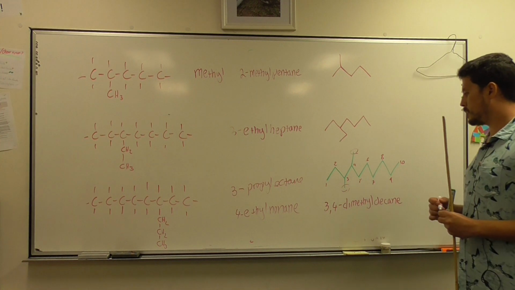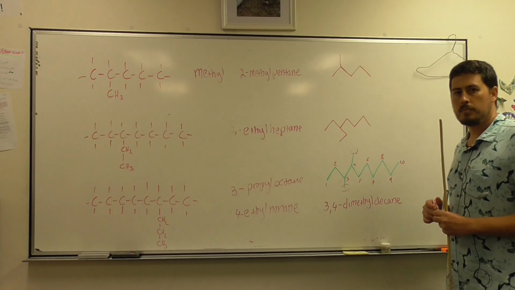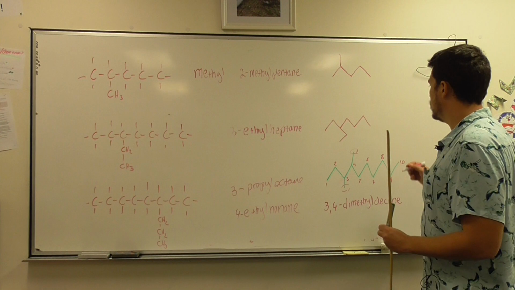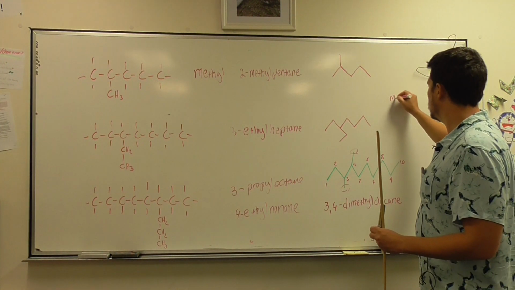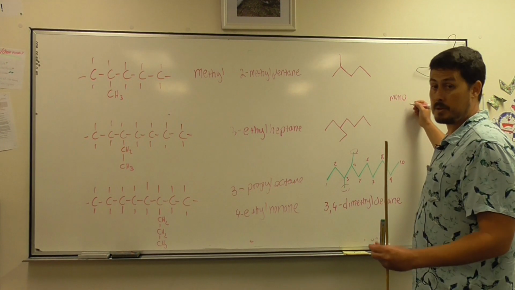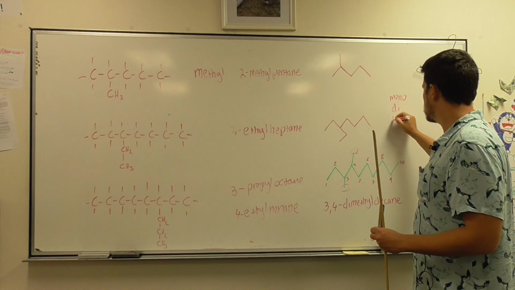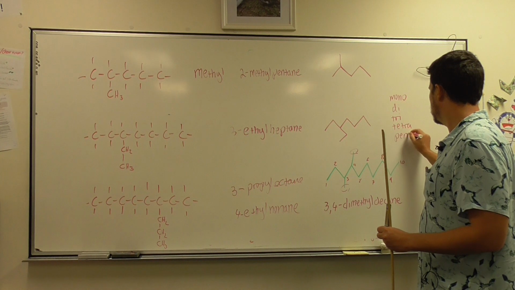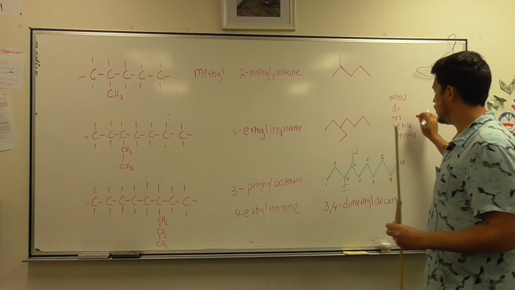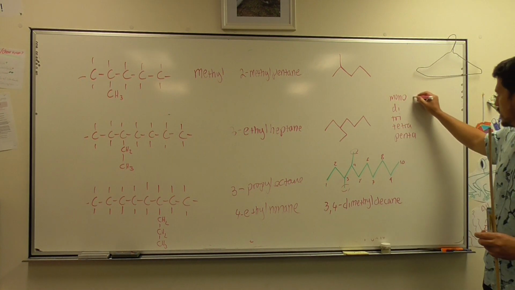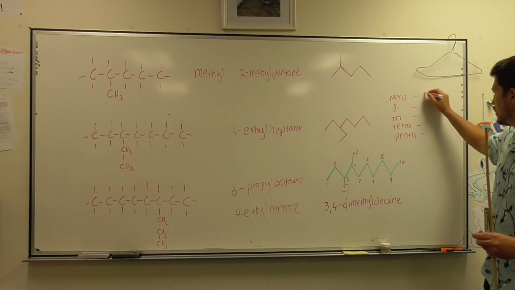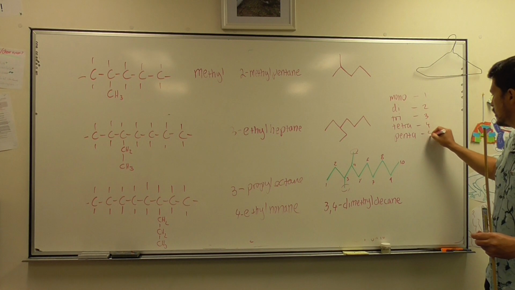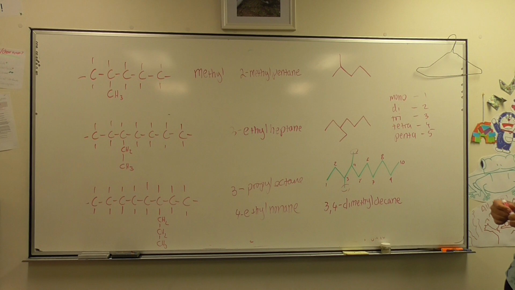3, 4 dimethyl decane. And when you're dealing with more than one of one particular thing, you've got mono, which normally you don't have to use, di, tri, tetra, and penta. So 1, 2, 3, 4, 5. That's what these mean. So here we've got a dimethyl.